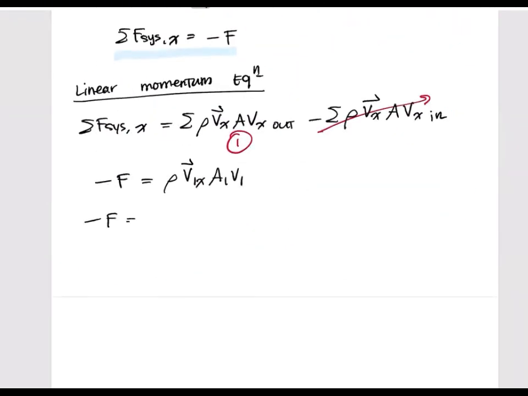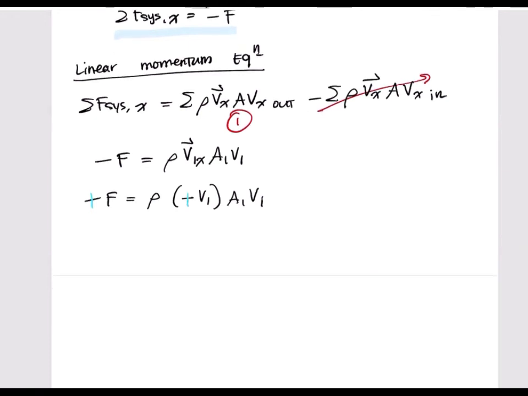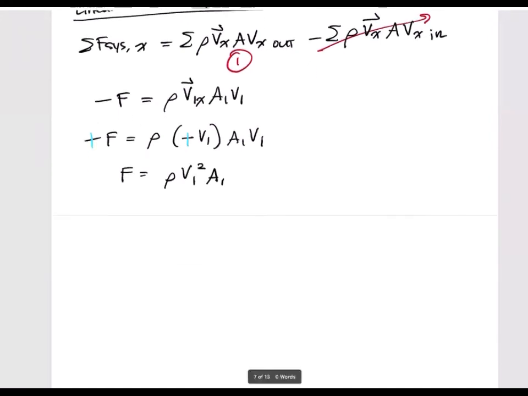So this is going to be negative V1, A1, V1. This sign cancels with each other. So the force is density V1 squared, A1, okay?